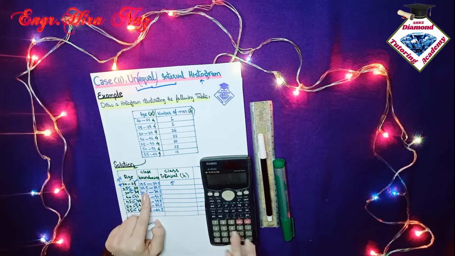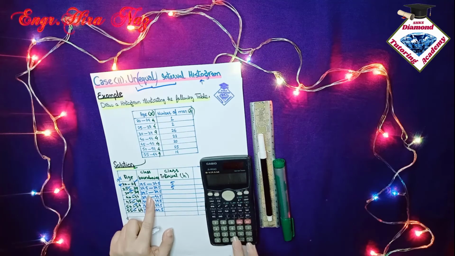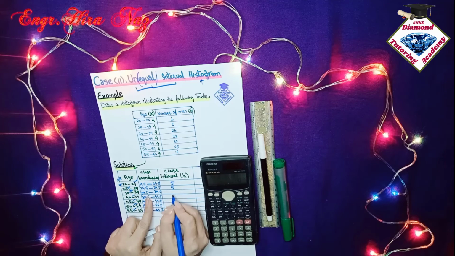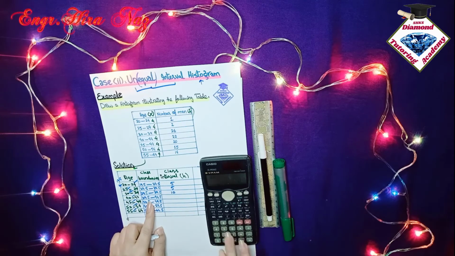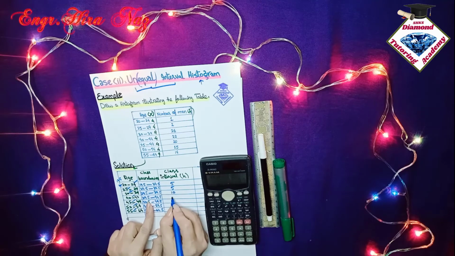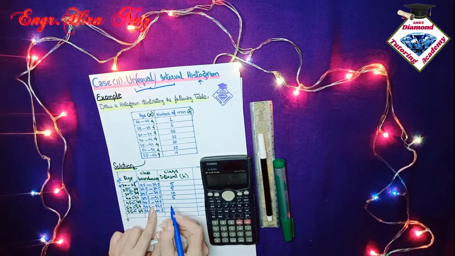29.5 minus 24.5 is 5. Class size for the next class is 39.5 minus 29.5, which is 10. 44.5 minus 39.5, 5. 49.5 minus 44.5, 5.